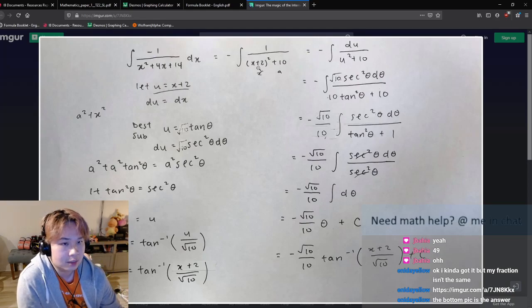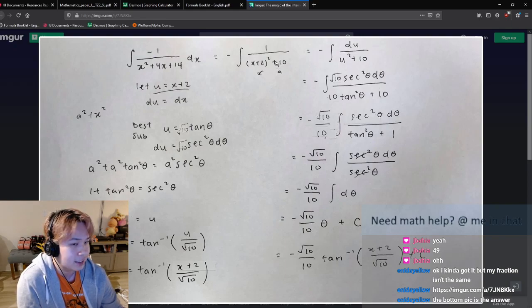Okay, so let's go through this. You complete the square. This is your x. This is your a. Well, this is your a squared, technically. And then you make a substitution. So you do u is equal to root 10 tan theta. So then du is root 10 secant squared d theta. So then you do a u sub and then you do another sub. Okay, becomes this.